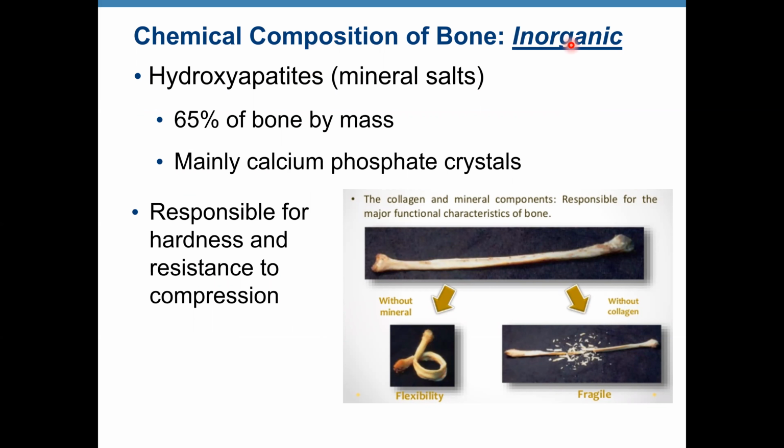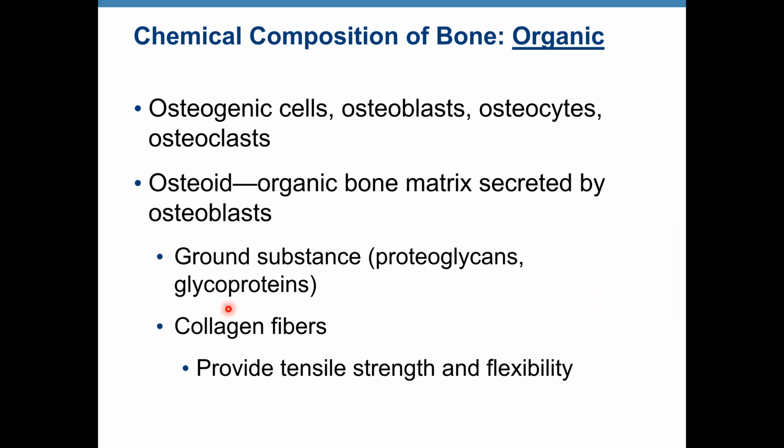Bones also have inorganic part, and those are mineral salts, hydroxyapatites, mostly calcium phosphate crystals, right? And this takes about 65% of bone by mass. And inorganic part is responsible for hardness and resistance to compression, while osteoid provides strength and flexibility.